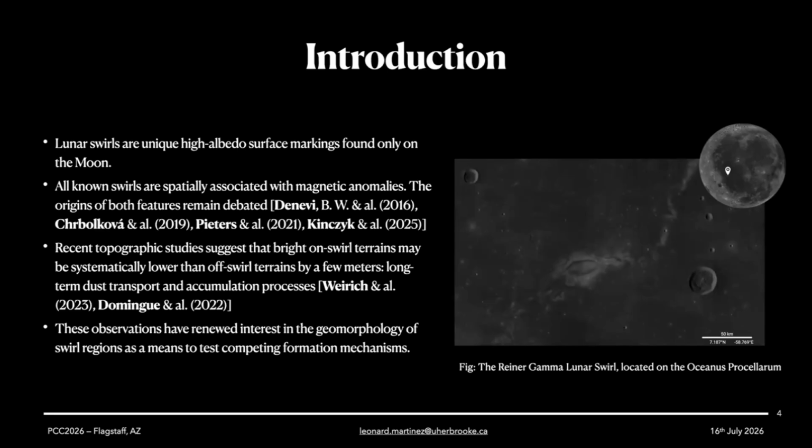Even today, their origin is highly debated, and there are a lot of theories. We don't completely understand how it forms, but I will not discuss much about that in this presentation. I will let Ilem do it this afternoon.